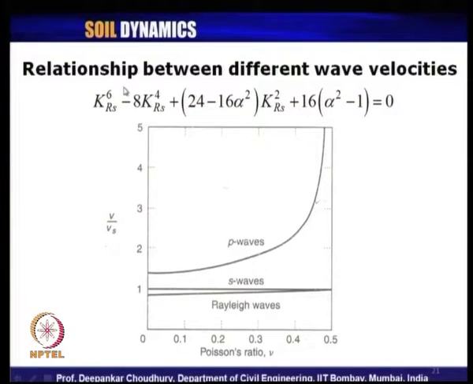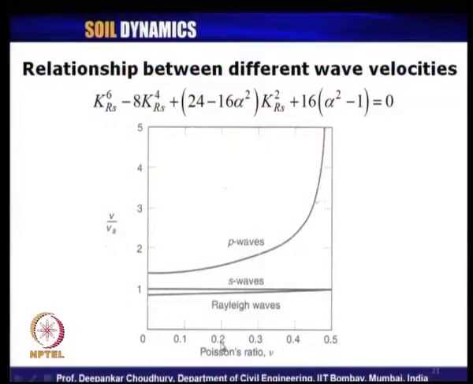Why? Again to reiterate this one, in laboratory and field we generally measure the shear wave velocity. So, if we can compute the shear wave velocity of the soil, then easily we can compute the primary wave velocity and the Rayleigh wave velocity of the soil using these two expressions.